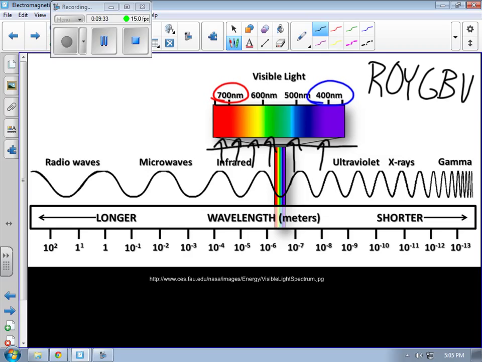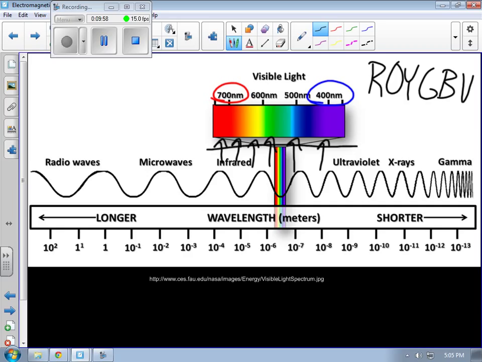We start with red. So if I asked you which had a longer wavelength, orange or green, sit and think about it for a second. And I want to know what you come up with. Orange or green, which has a longer wavelength?